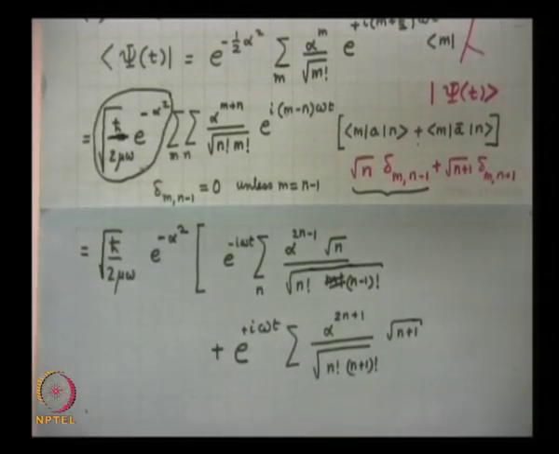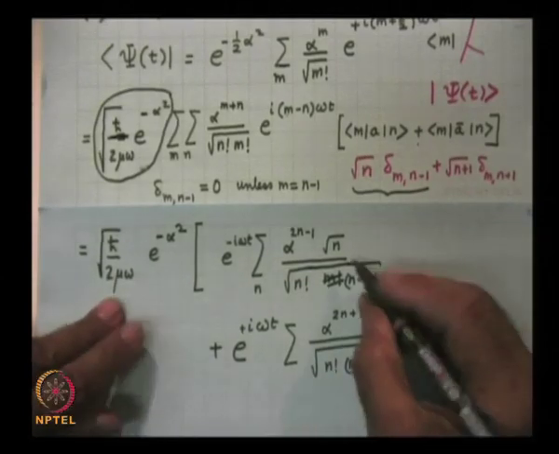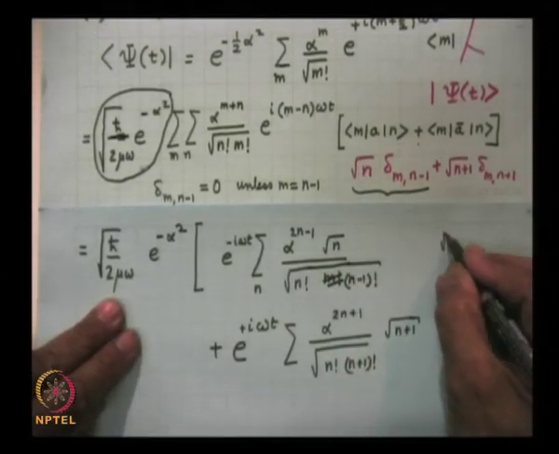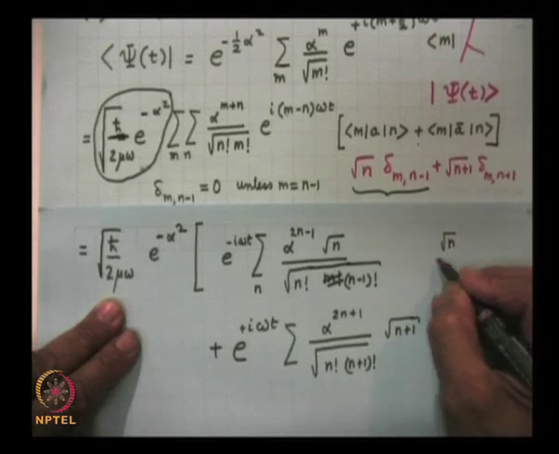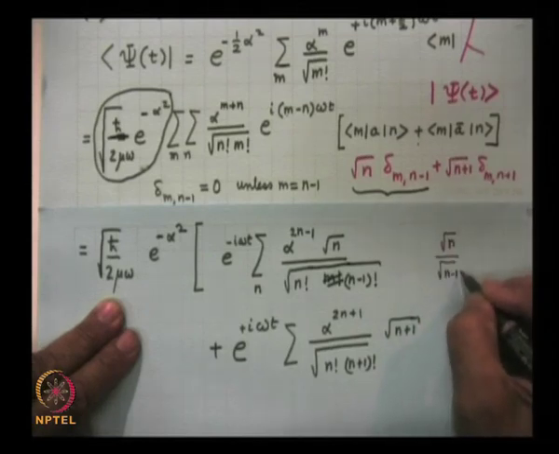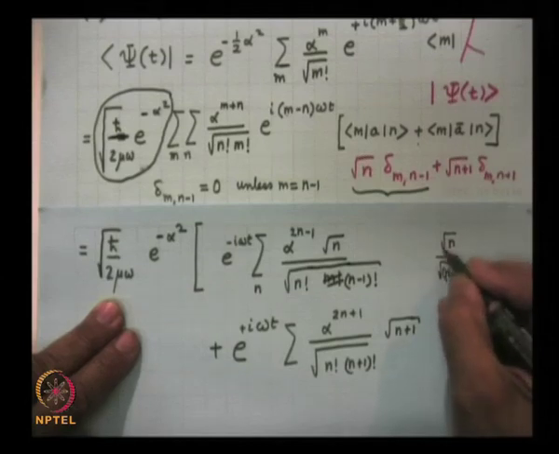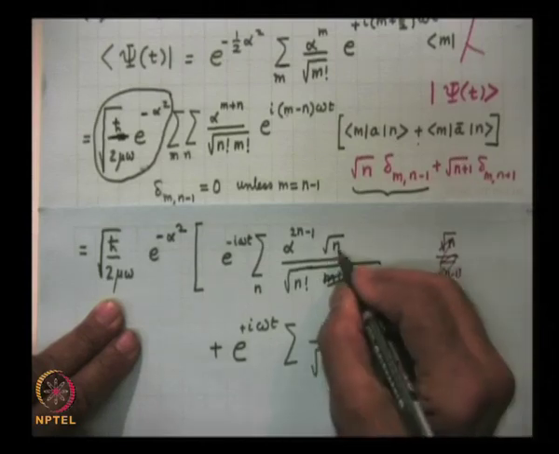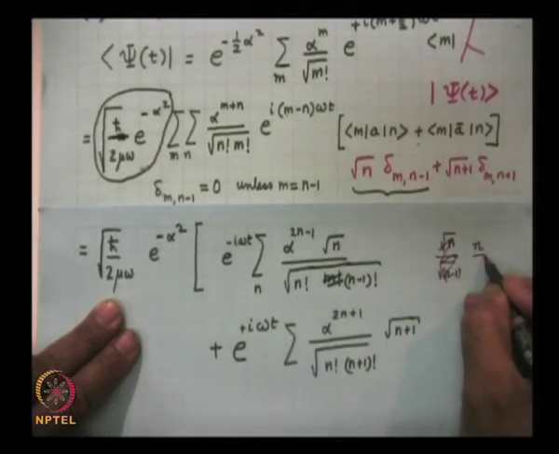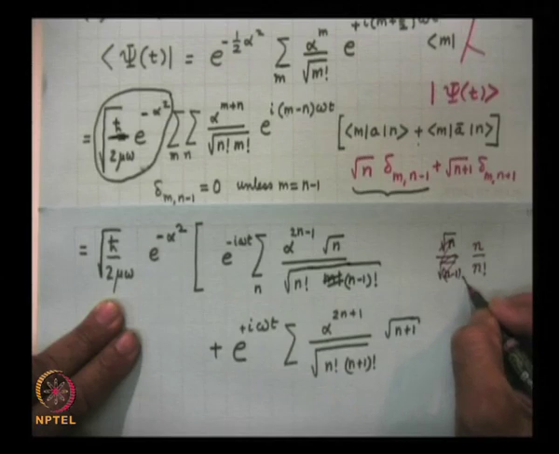Now, in the first expression, you see square root of n divided by square root of n minus 1 factorial, or sorry, this n over n factorial, square root of that.